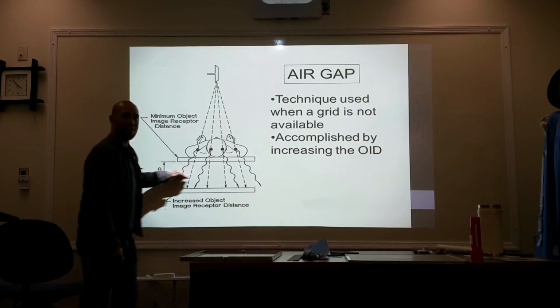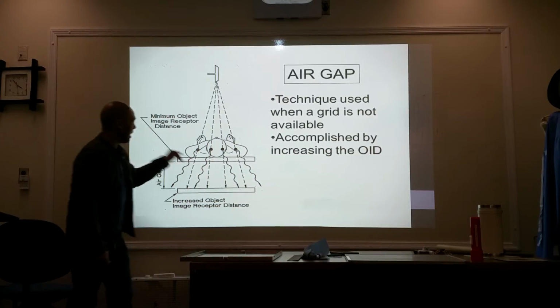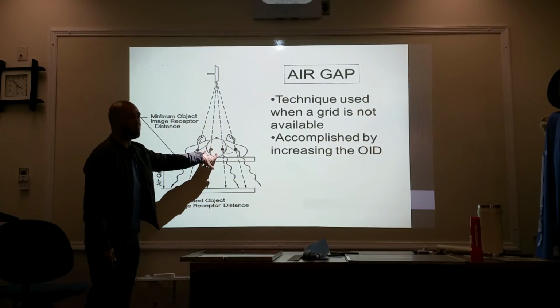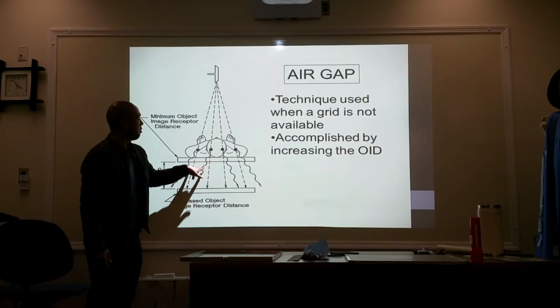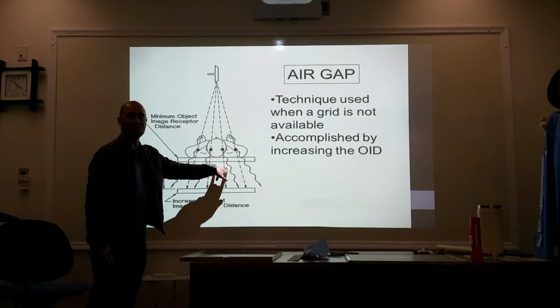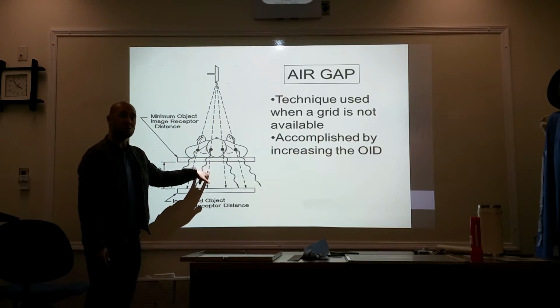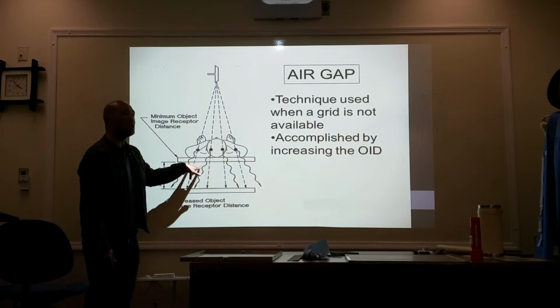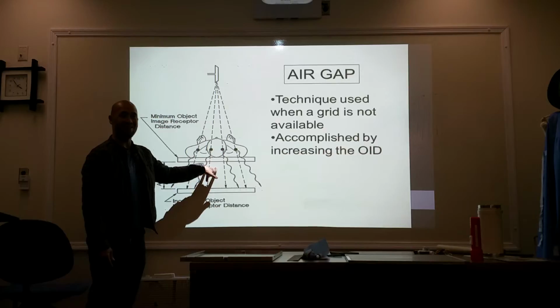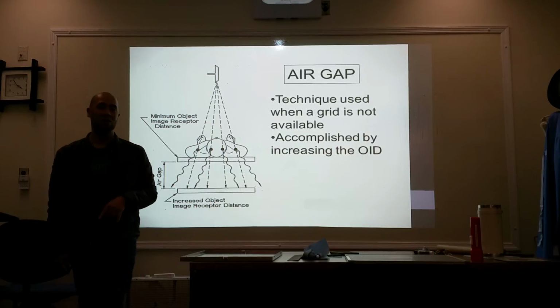See this gap right here? Okay? So as your primary beam penetrates the patient, the remnant photons are going to be both scatter and primary. The weaker scatter radiation is going to be absorbed by air before it interacts with the image receptor.